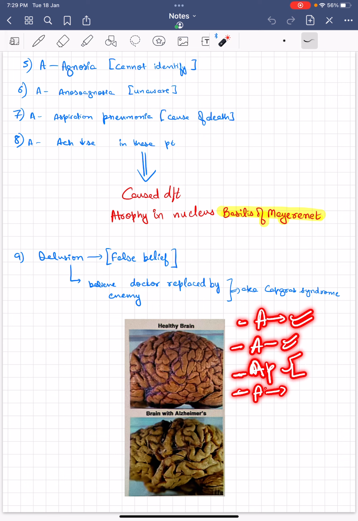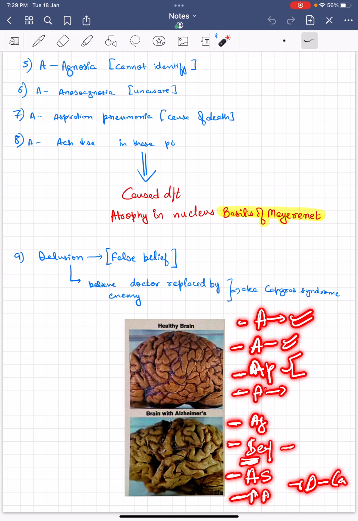Apraxia is of two types: ideation and ideomotor. Agnosia, and the patient is not self-aware of his deficits. What was it called? Anosognosia. Aspiration pneumonia, decreased acetylcholine, and the patient is delusional, leading to Capgras syndrome.